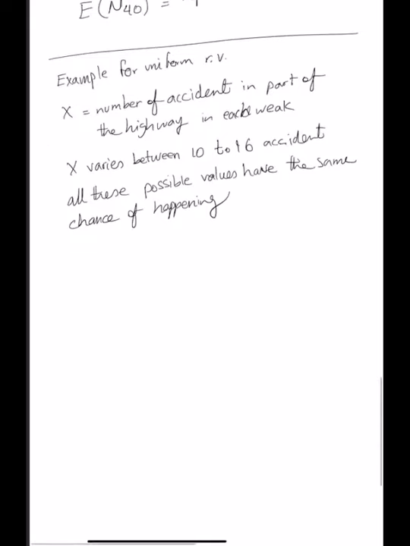Okay, in that scenario, you can say X has uniform distribution. And what is the minimum, or A, the lower bound? 10. What is the maximum? 16. Or B, that's 16.